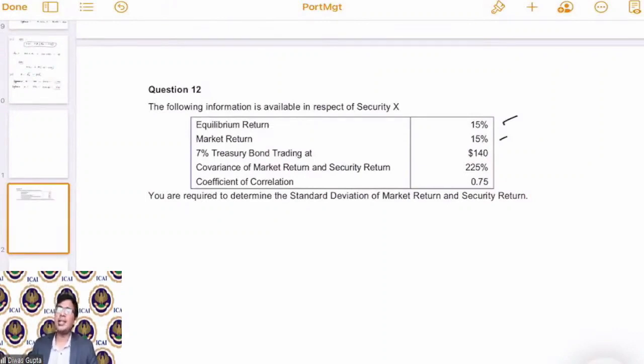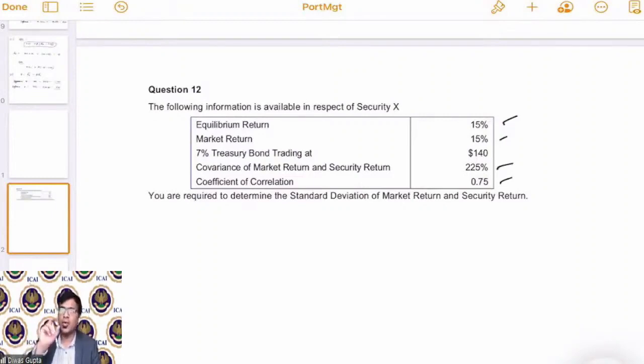So students, this is a typical formula-based question in which we just put the values in a formula and calculate whatever is the missing element. But let's understand what we are given. We are given the covariance and the correlation coefficient, correct?